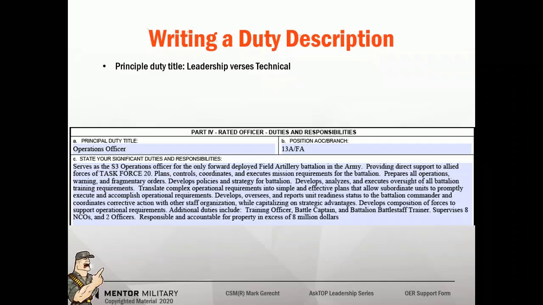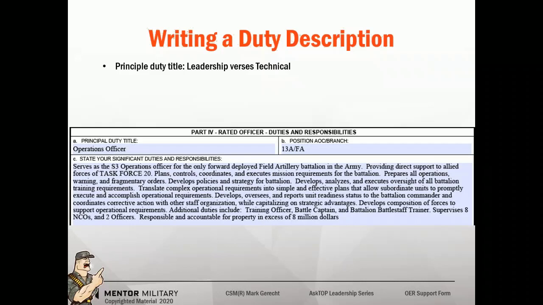All right, this is important because leaders understand key terms: platoon leader, company commander, executive officer, operations officer. A different term like ammunition officer is broad, and what does that person really do? I don't know.